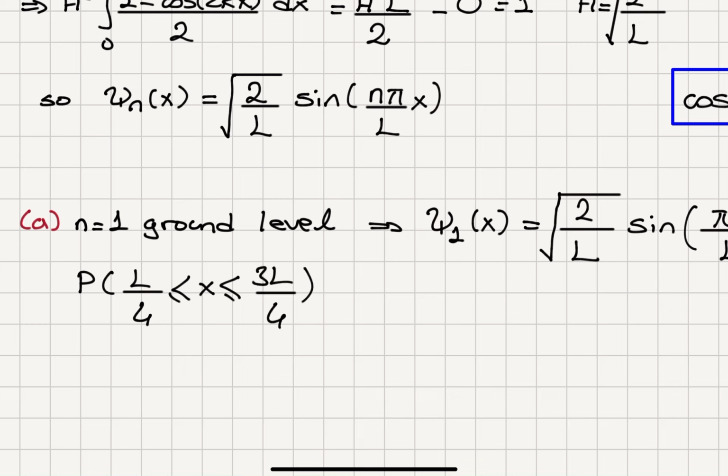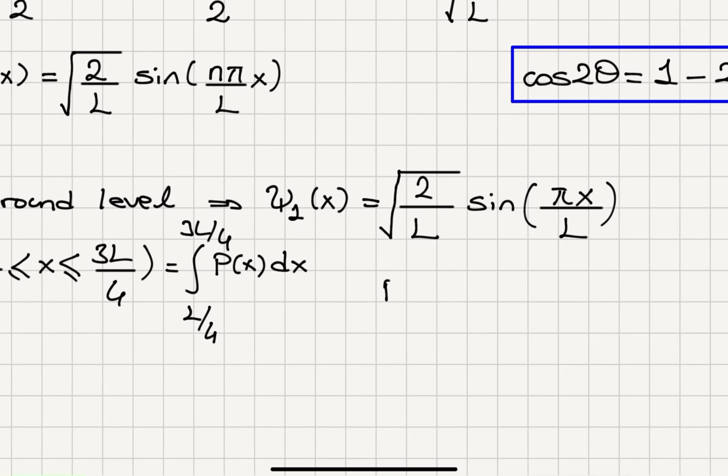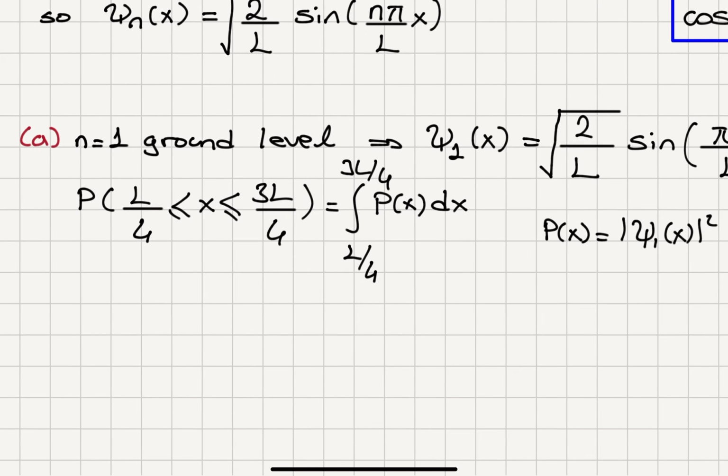In this range, this is the integral from capital L over 4 to 3 capital L over 4 of the probability density dx, where the probability density function is the absolute value of psi squared. So we can substitute for psi 1 to calculate the probability.